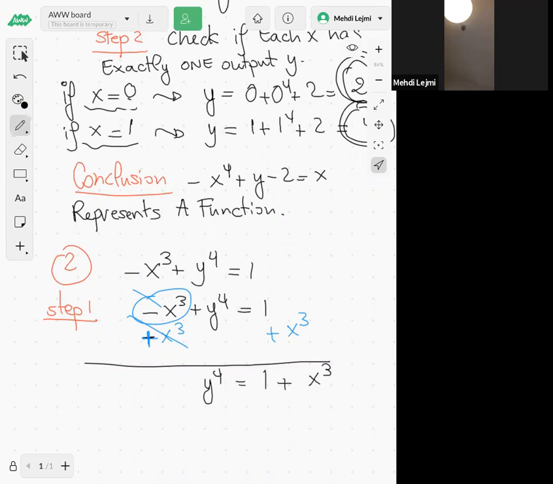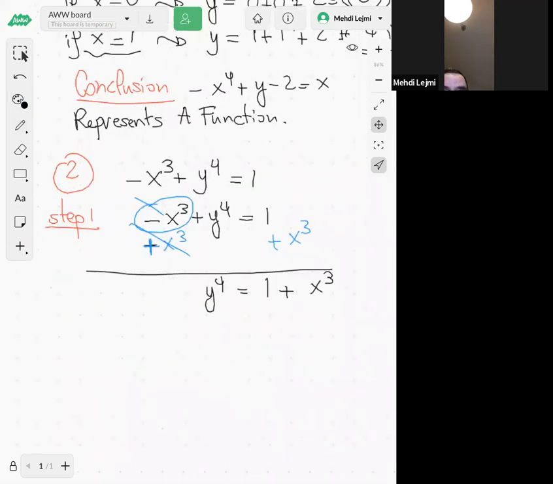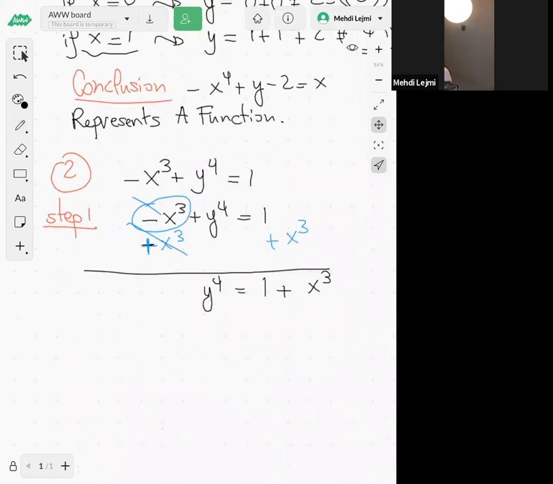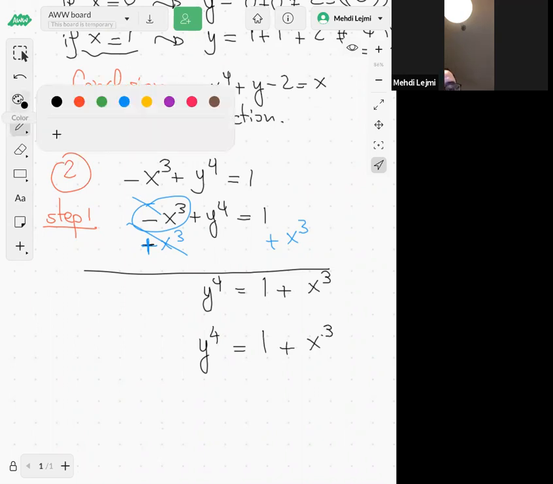Now this is not exactly y, but I can get rid of this power 4 by applying the 4th root. So I have y to the power 4 equals 1 plus x cubed, and I need to get rid of this power 4.